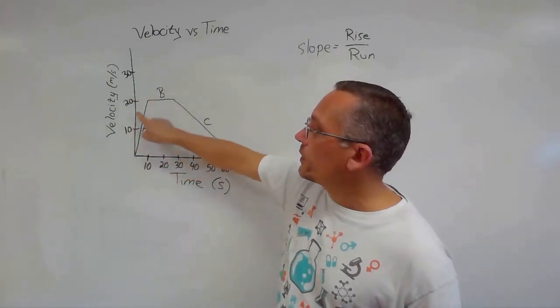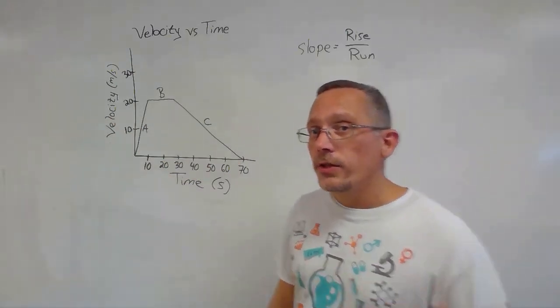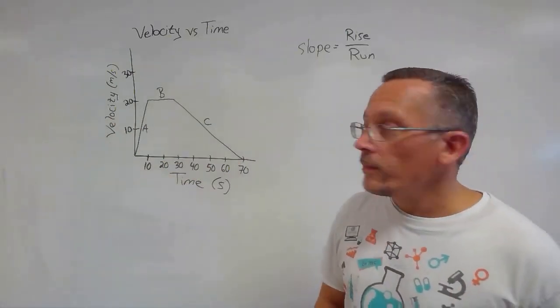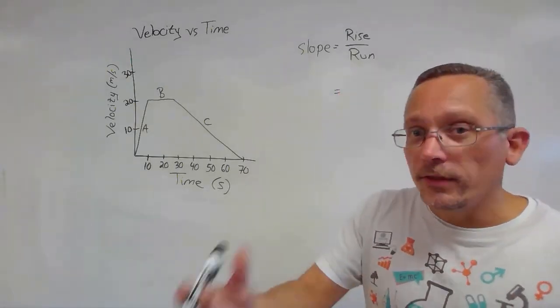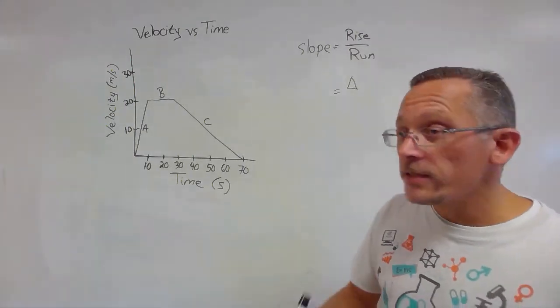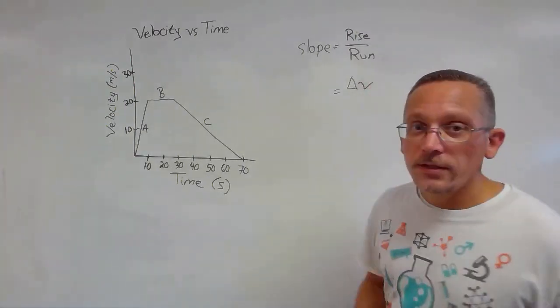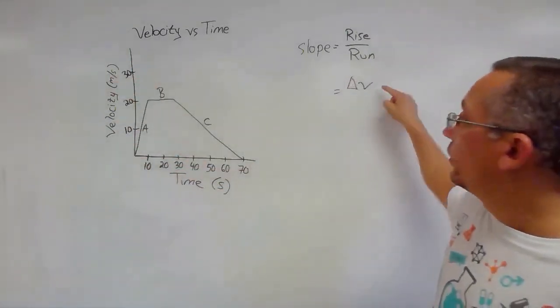What's on the y-axis is velocity, right? So the change in velocity. How can I write that with variables? Change is delta, and velocity is v. So the rise, the change in velocity, we call delta v.